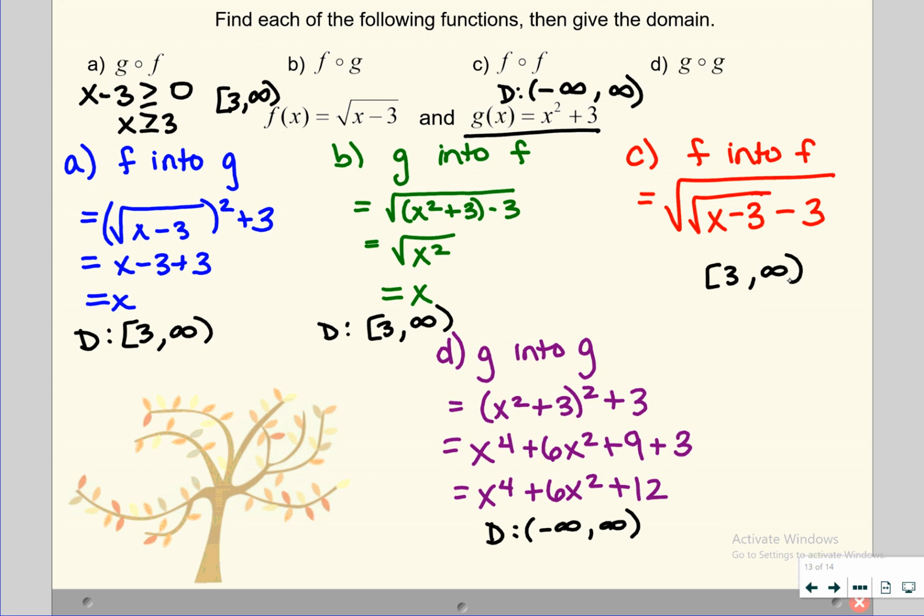Square root of 9 is 3. 3 minus 3 would give me square root of 0, which is 0. And then anything bigger than that would ensure that I would have a positive number. So the domain here, you got to think about it a little bit. What am I allowed to plug in? 12 to infinity. That's a tricky one. Okay. Questions on those domains?